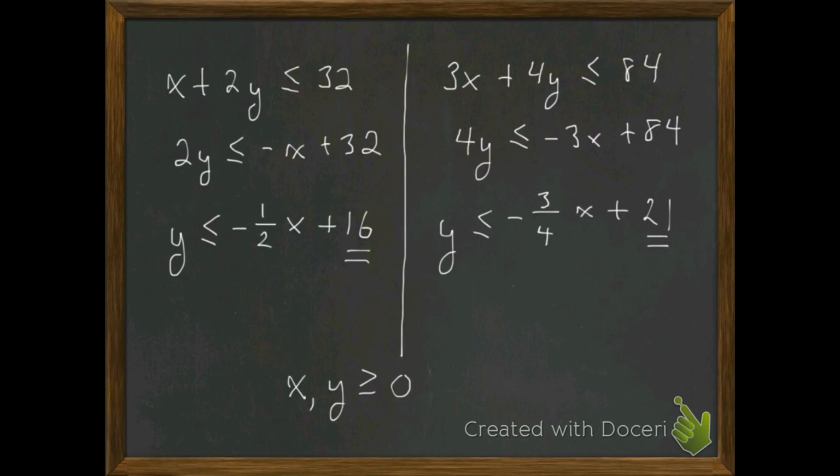So I'm going to go over here and look at this one. So I've got 0 equals negative 3/4 x plus 21. So that's 3/4 x equal 21. Do a little bit of math there. Now I multiply by 4, which gives us 84 divided by 3. And this gives me exactly 28.